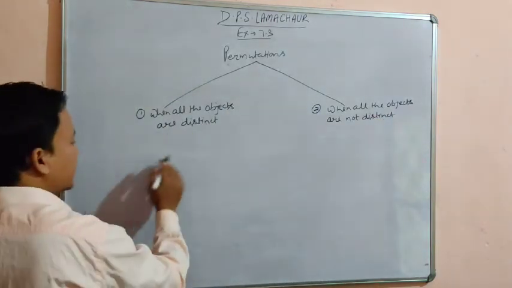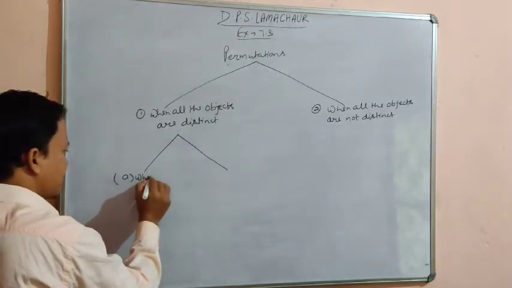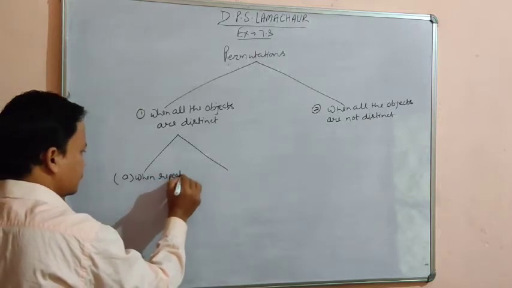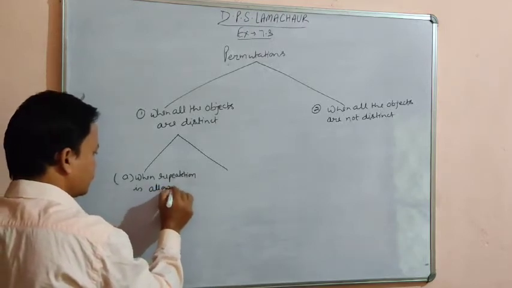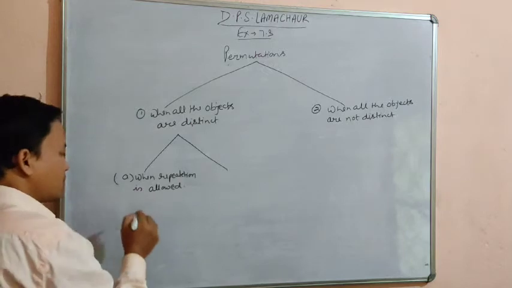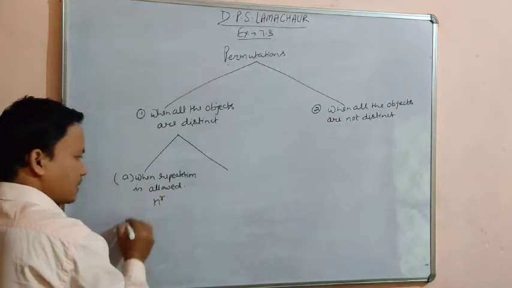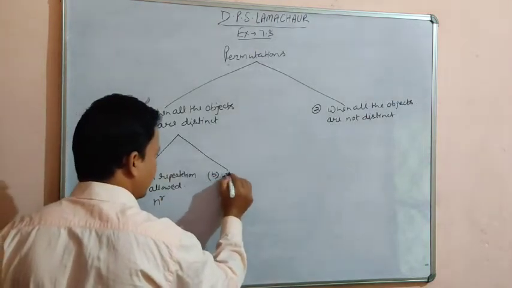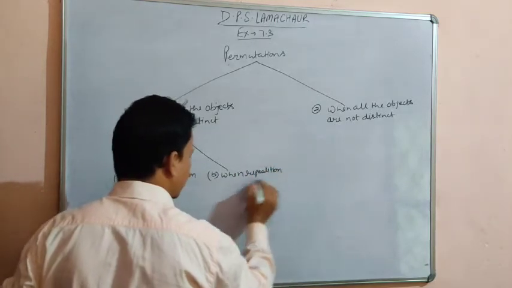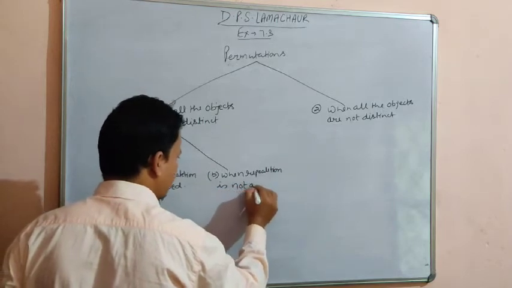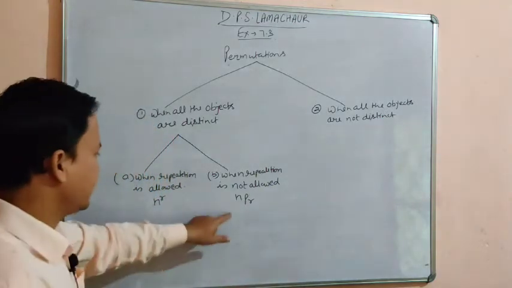And here again come two cases. Case first, when repetition is allowed, then what will be the number of permutations? If repetition is allowed, the formula is n to the power r. And second case, when repetition is not allowed, so what will be the formula for finding the permutation? nPr.